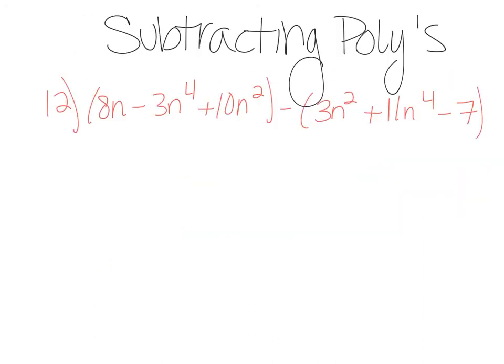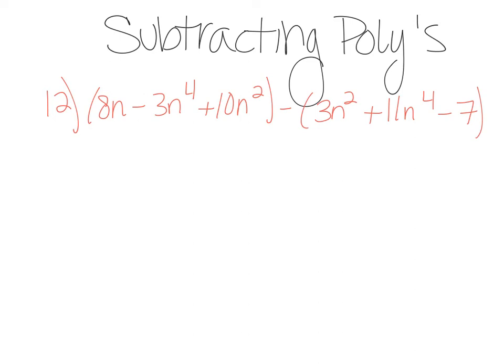All right, for the last part of this, we're going to subtract two polynomials. It's really the same concept as adding, but instead of adding all your like terms, we're taking the first set of terms and we're subtracting from it each of the second set. So what I'm actually going to do here is to still think about it as addition.